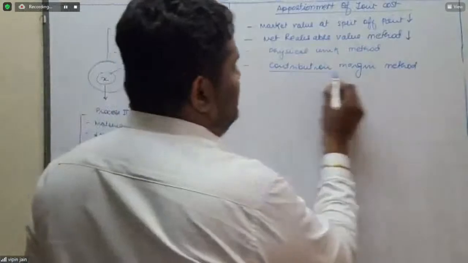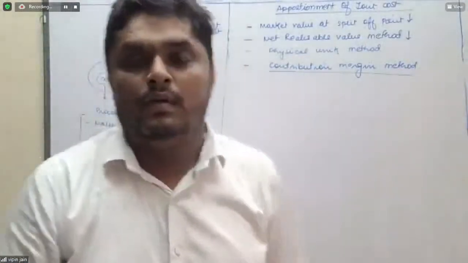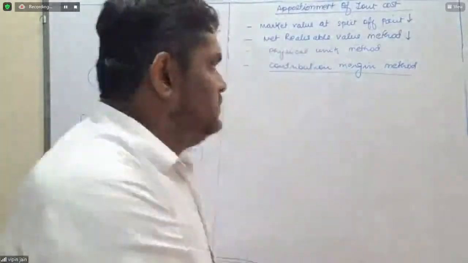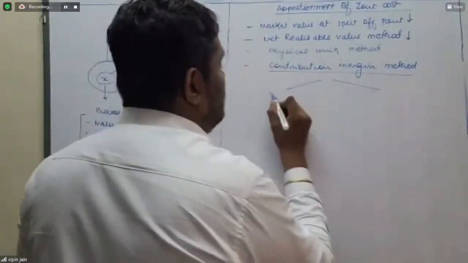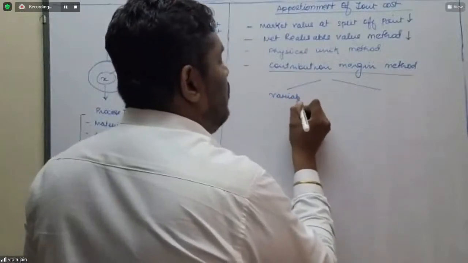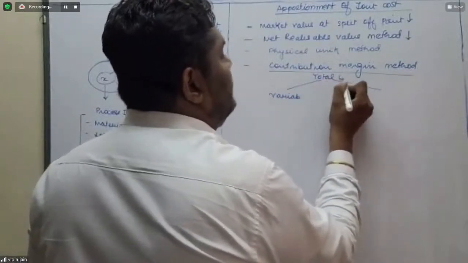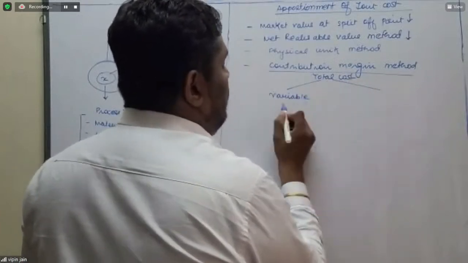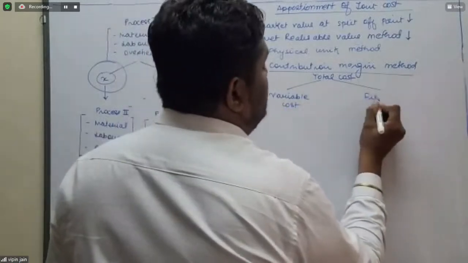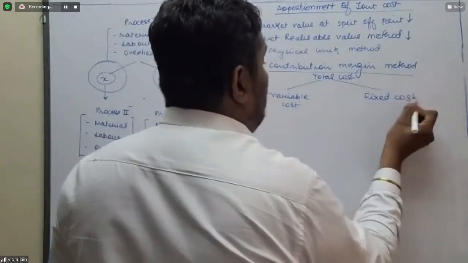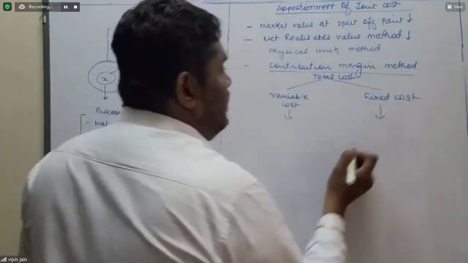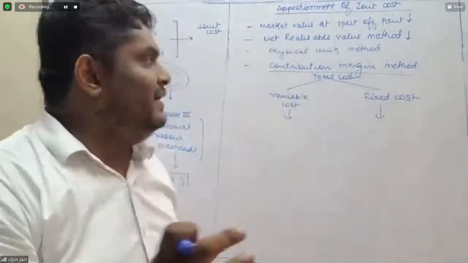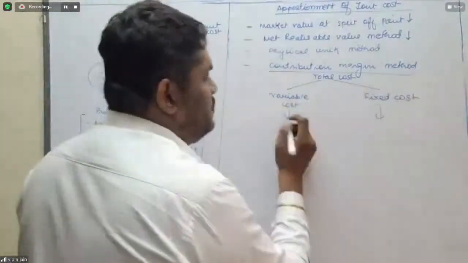Now, in the contribution margin method, the costs are classified in two parts, that is variable cost and fixed cost. The total cost of a joint process, that is process first, will be divided in two parts, that is variable cost and fixed cost.